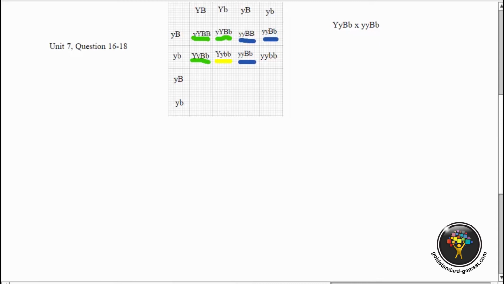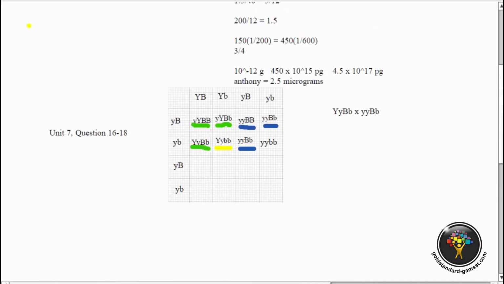That's just clear. It's white. So all we have therefore is small b, but a capital Y, which is dominant, that's going to be yellow. And then in the final one with small y and small b, well, that just produces no color at all.